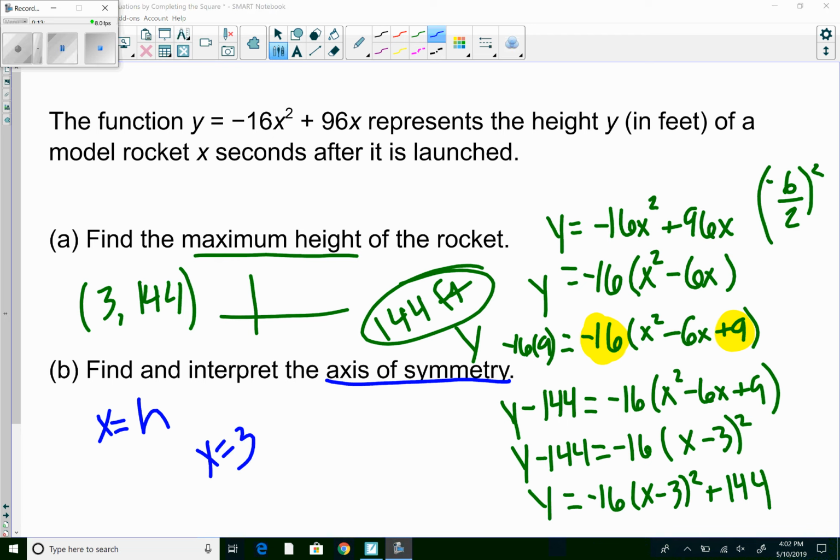And then they just want you to understand that until this rocket hits this point here, your function is increasing, increasing, increasing until it hits that axis of symmetry. Then it starts decreasing, decreasing, decreasing. So that's what the axis of symmetry is: it's that turning point where your graph goes from increasing to decreasing.